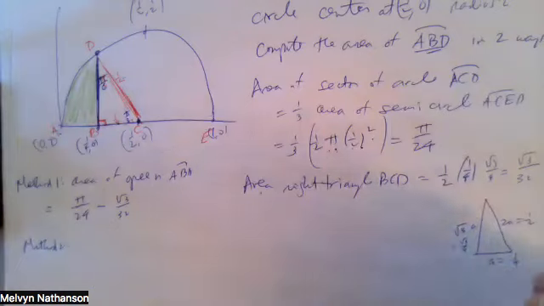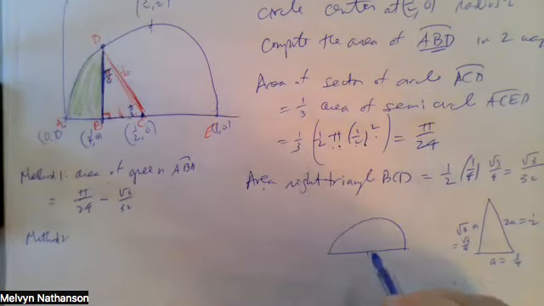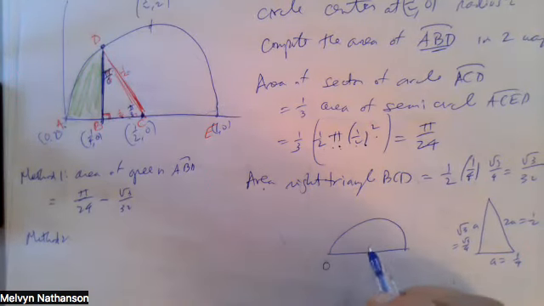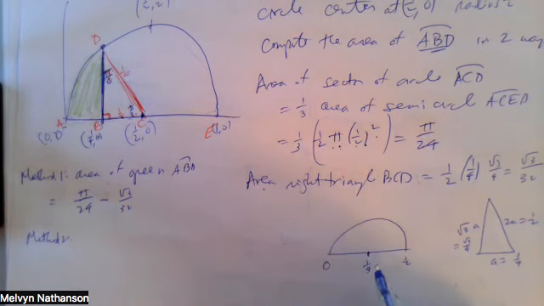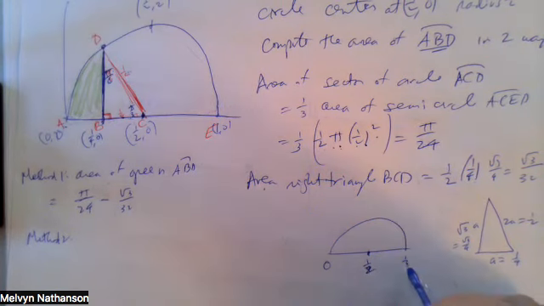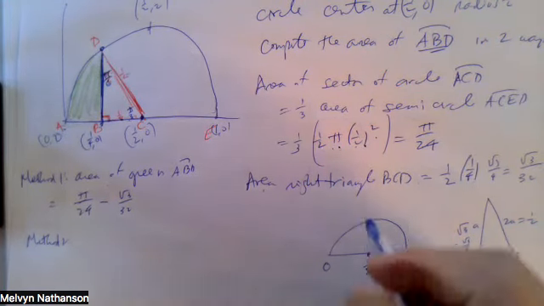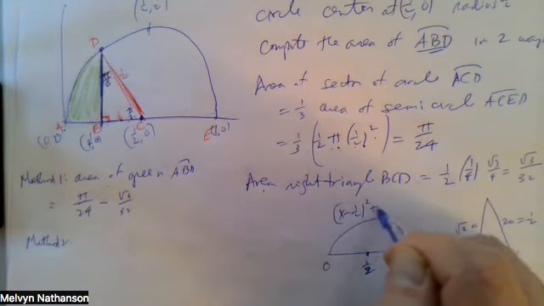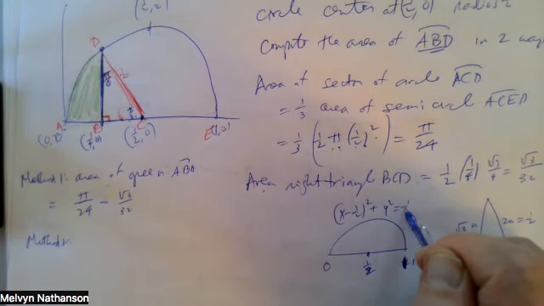Well, again, you have to know a little pre-calculus. If you have the circle whose center is at a half and whose radius is a half, the equation of the circle is x minus a half squared plus y squared equals the radius squared.